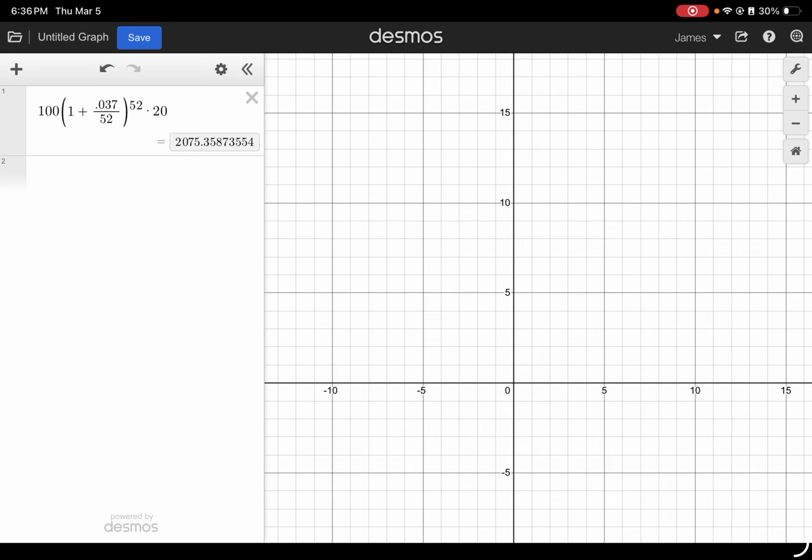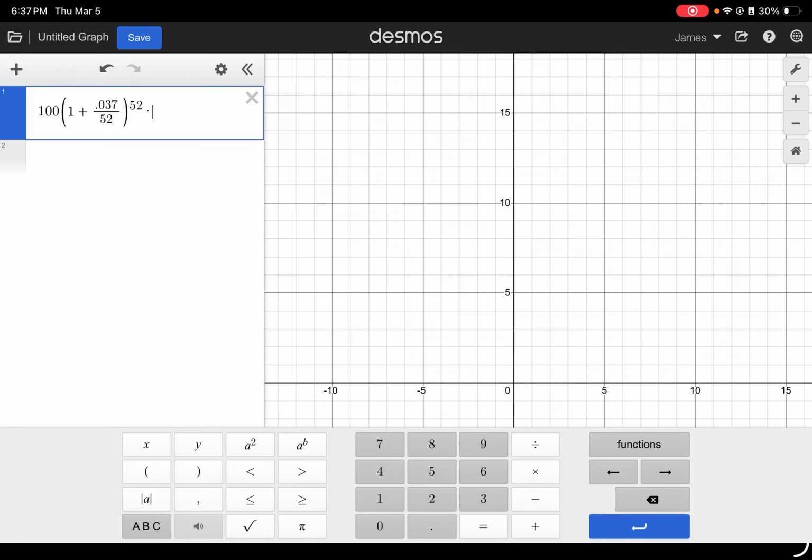It's 100, which is P, times 1 plus, here's my interest rate, 0.037 over 52, raised to the fifth. Oh, wow, that's incorrect. I just saw this. Good thing I'm doing this again. That is wrong.